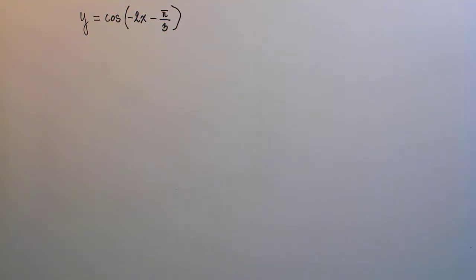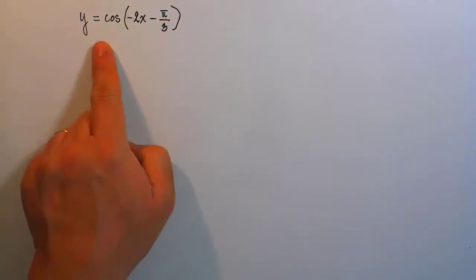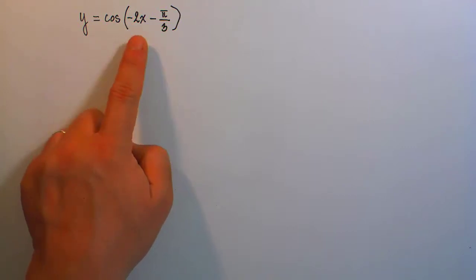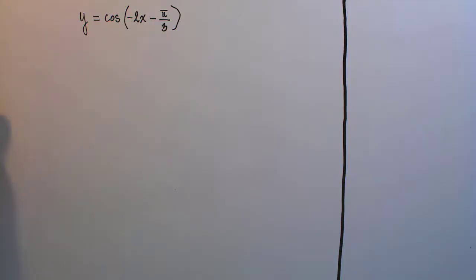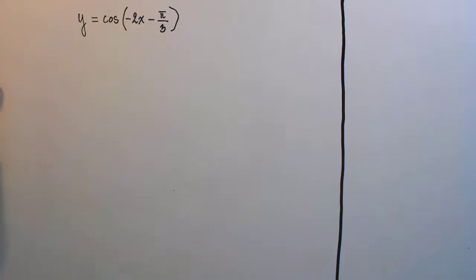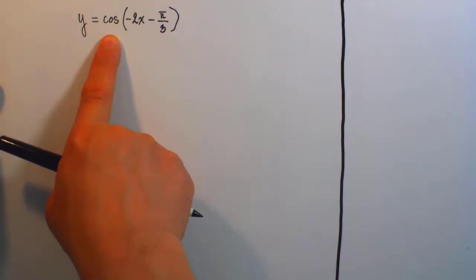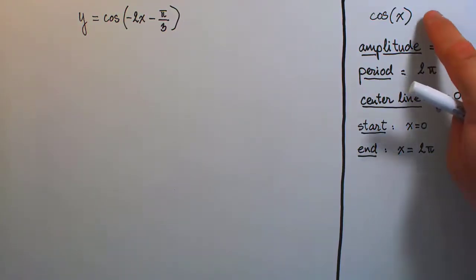All right, so let's now recognize the transformations that are involved in this function. So we have here y equals cosine of -2x minus pi over 3. Since our function is a cosine function, let's briefly review the ordinary cosine of x function. Our ordinary cosine has these properties.